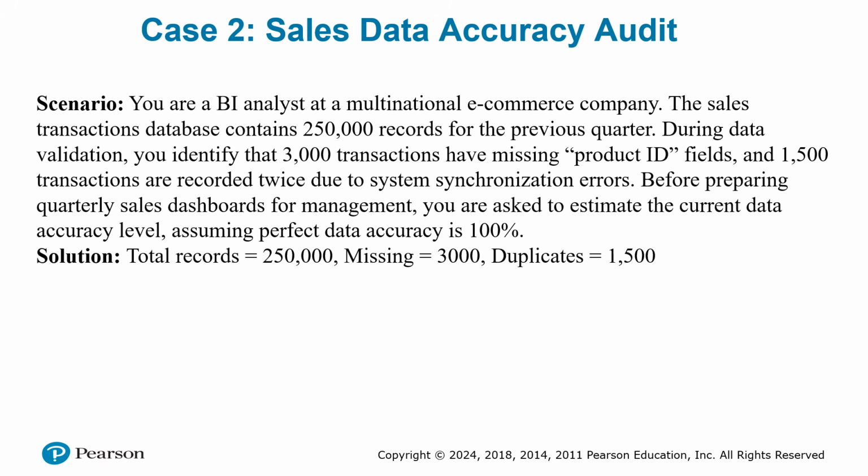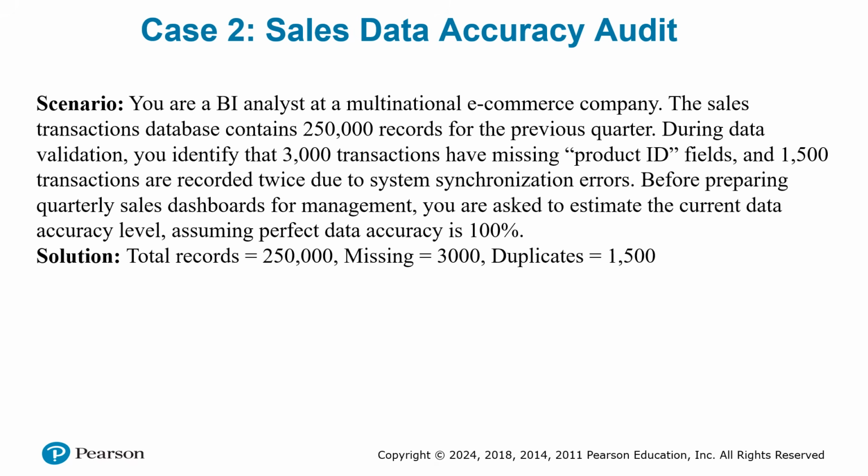During data validation, you find 3,000 transactions have a missing product ID, and also 1,500 transactions are recorded twice due to a system synchronization error. So now we want to estimate the current data accuracy level, assuming perfect data accuracy is 100%.